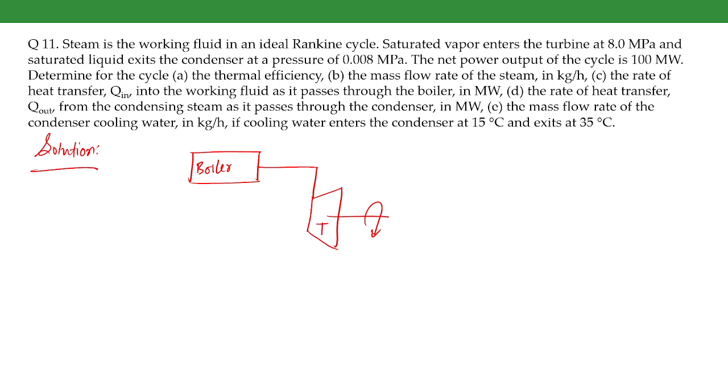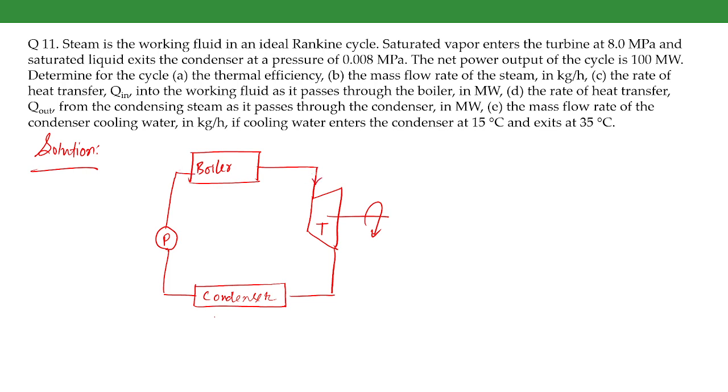The exit of the turbine then enters a condenser where it rejects heat to the ambient, and then the exit of the condenser is passed through a pump which pressurizes it to the boiler pressure.